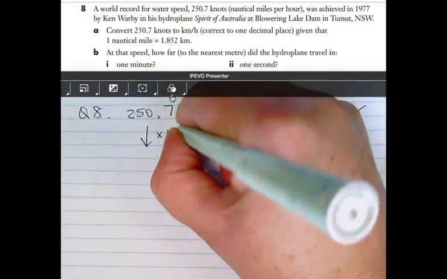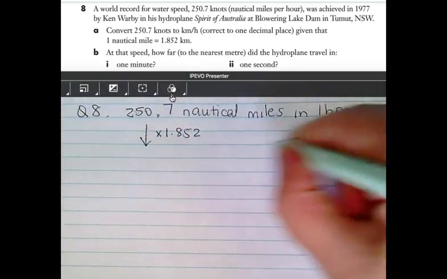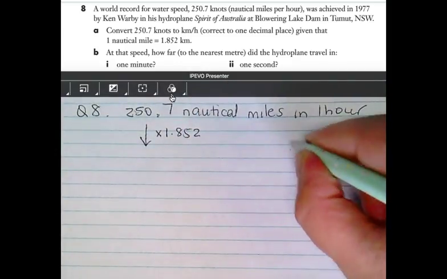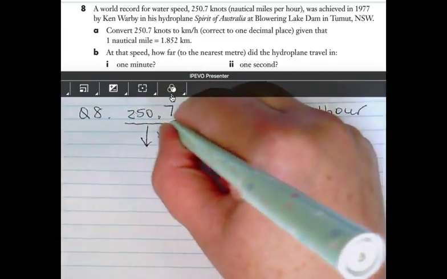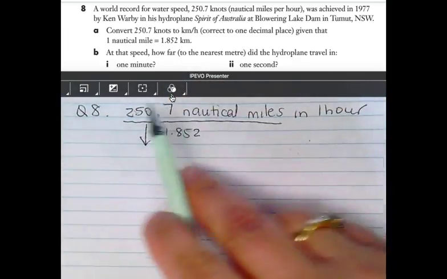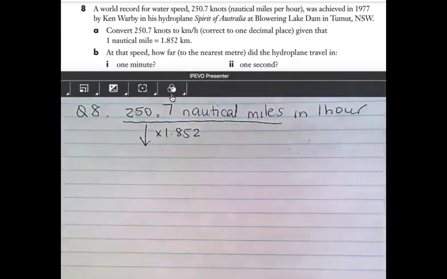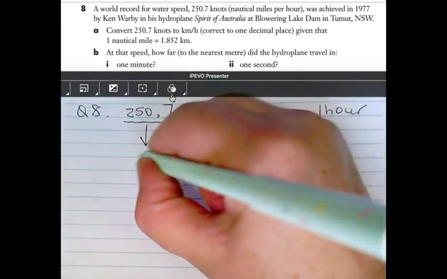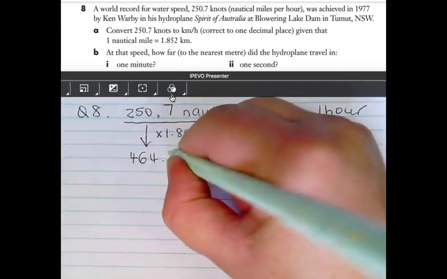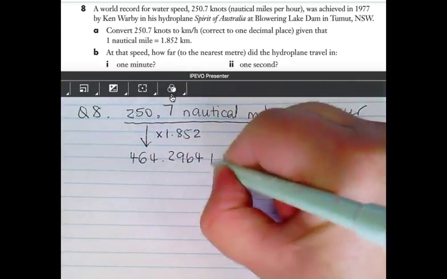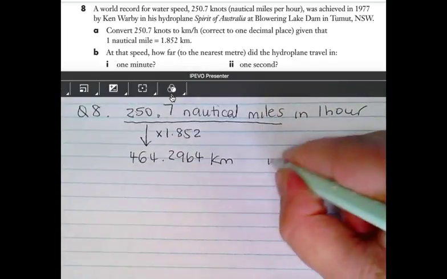So we times this by 1.852. I'm just changing the way that 250.7 nautical miles looks. This is still the same distance, but it's now written in kilometres. So I go 250.7 times 1.852, and that is 464.2964 kilometres in 1 hour.